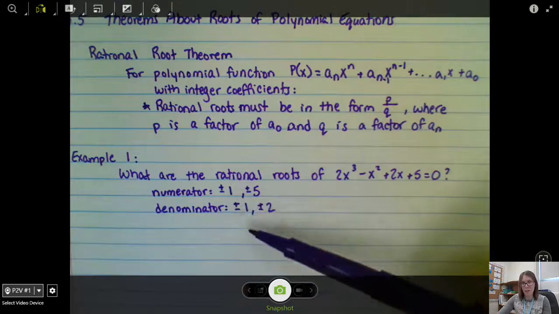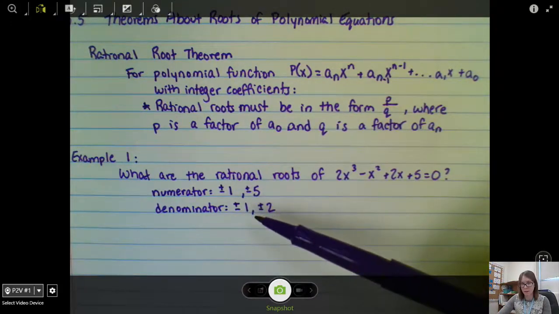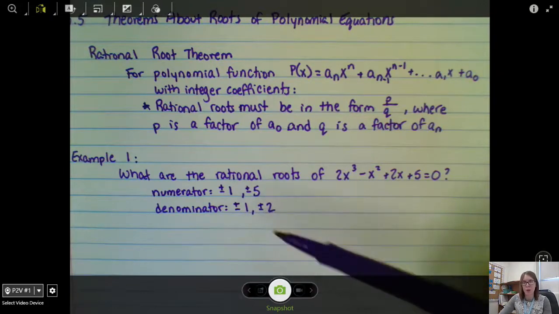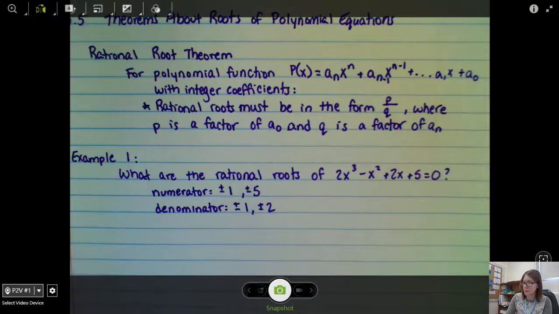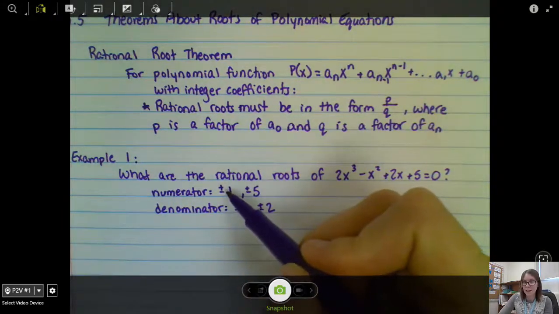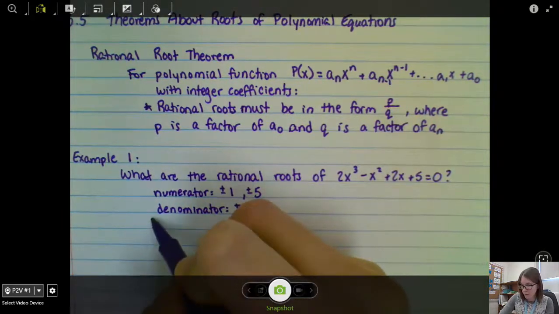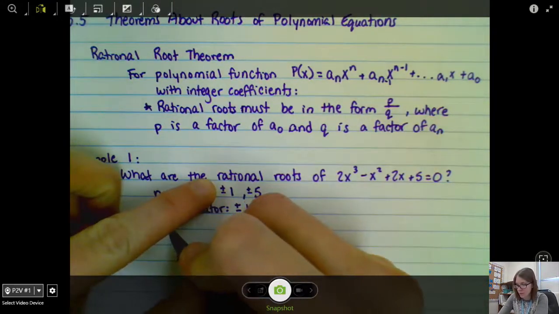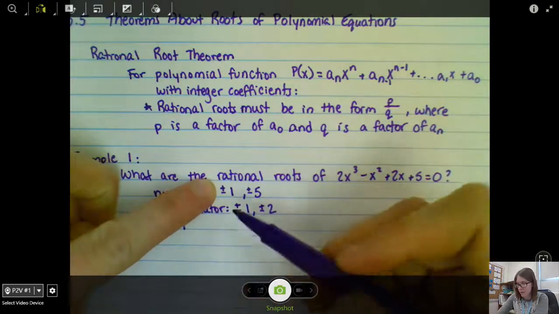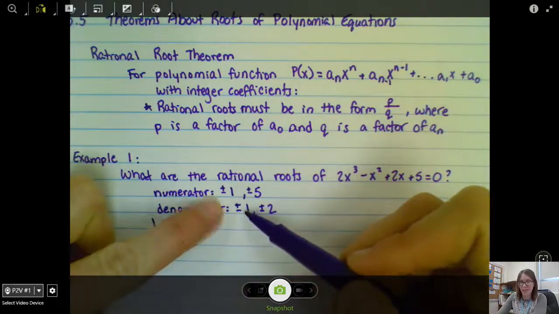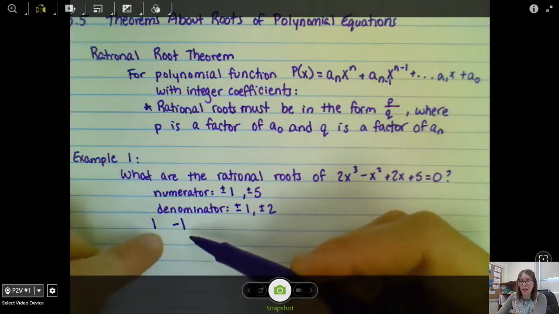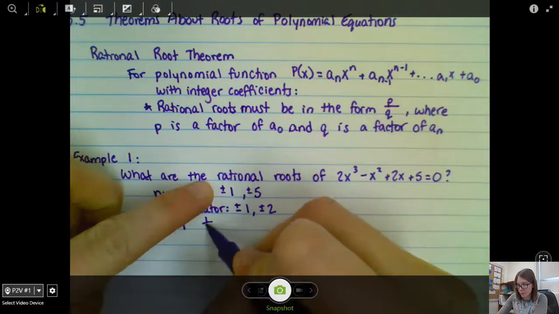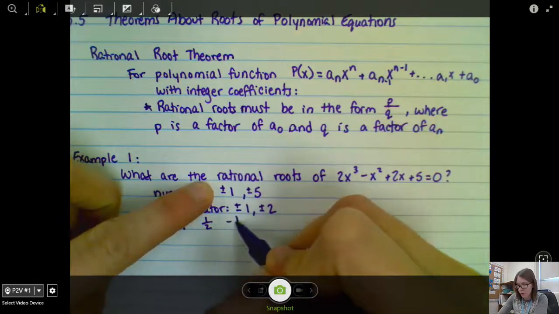So this gives us all of our possibilities for numerators and denominators. We have to figure out all the possible combinations. So I could have +1 over +1, or +1 over -1, or -1 over -1, or -1 over +1. But either way, that gives me these two options: 1 over 2, or -1/2.